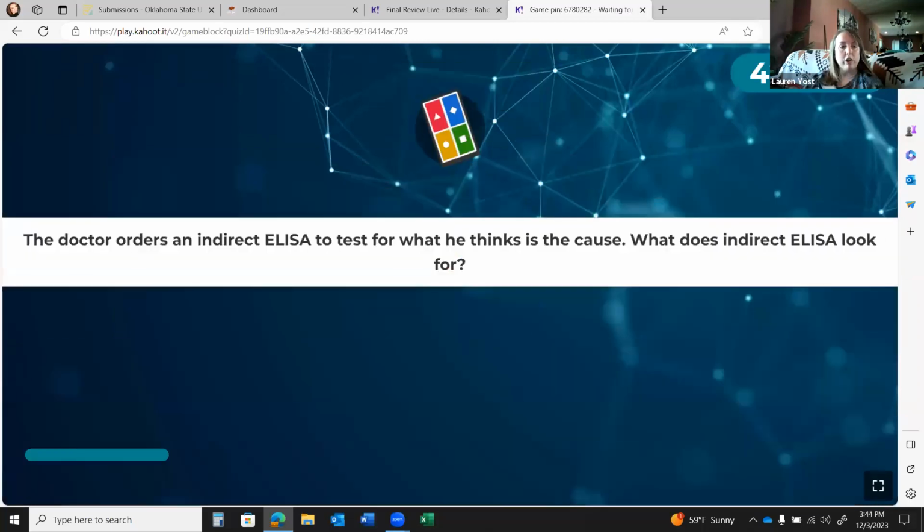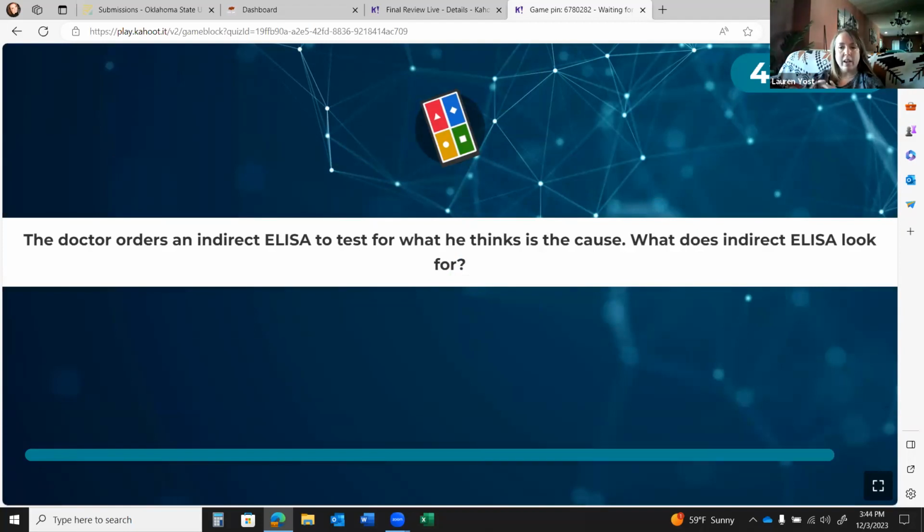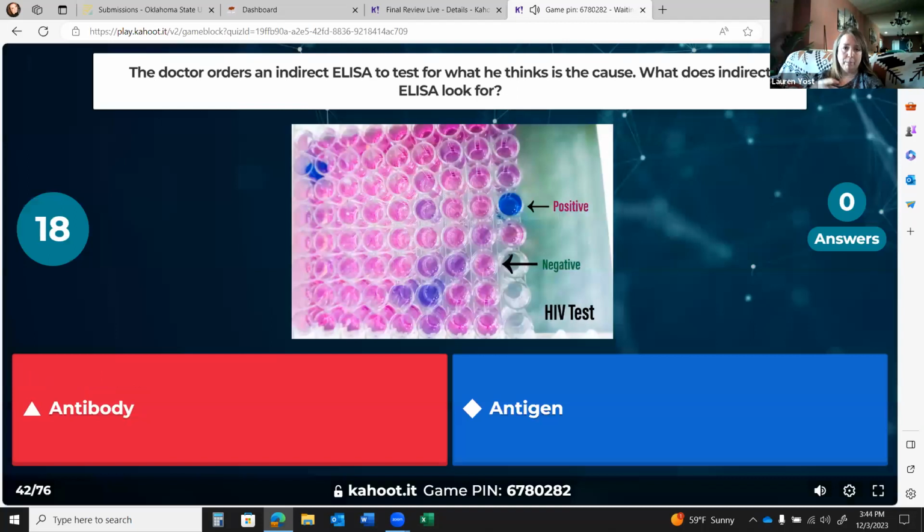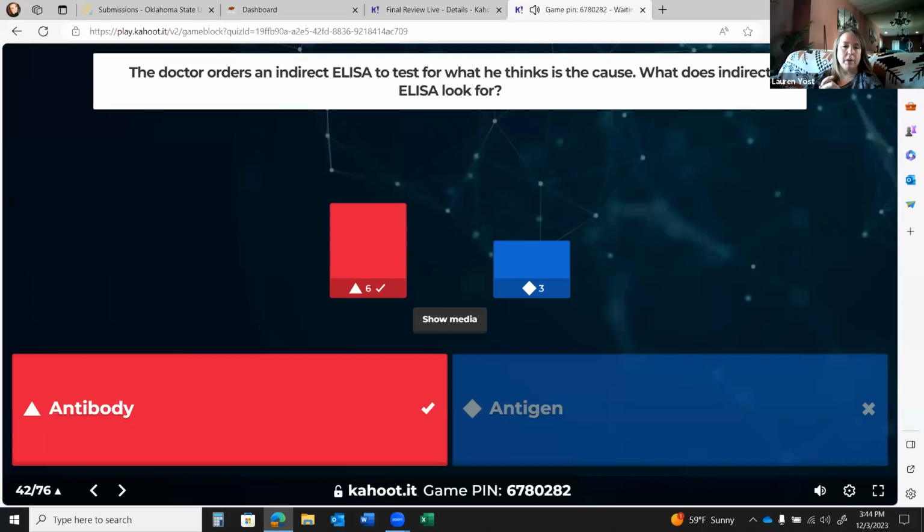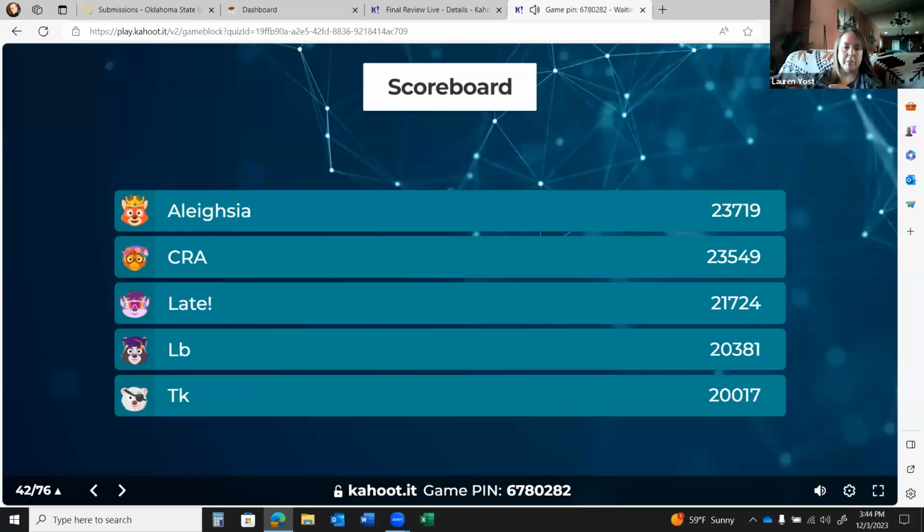Right. The doctor orders an indirect ELISA to test for what he thinks is the cause. What does indirect ELISA look for? Right. So it is going to be antibody. That's just one you've got to remember.